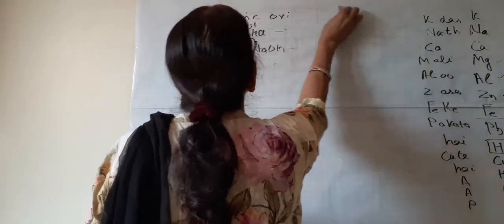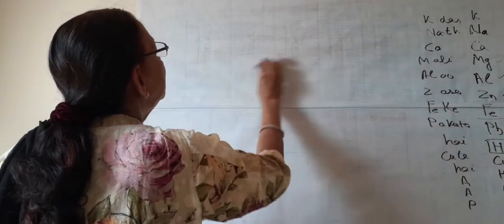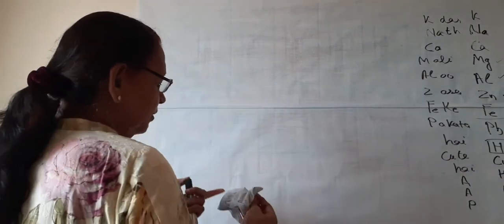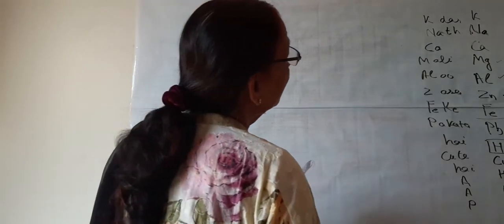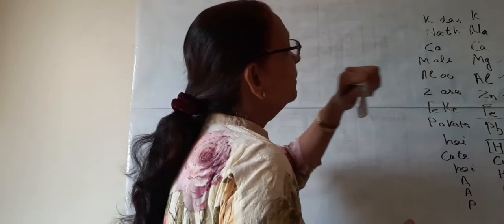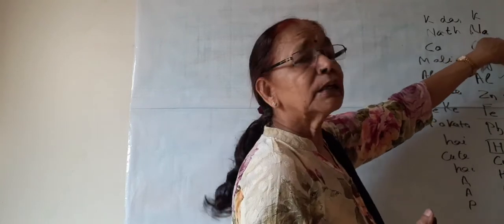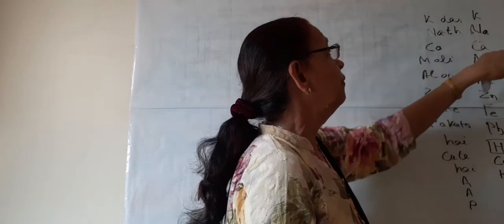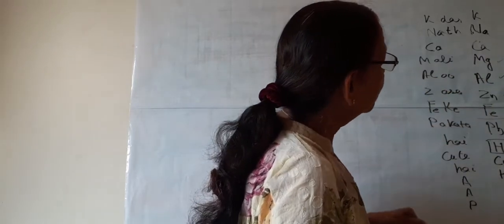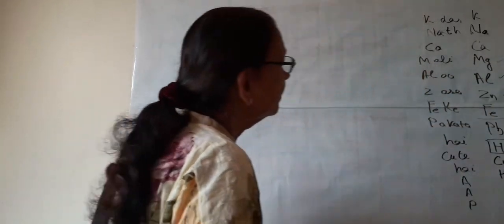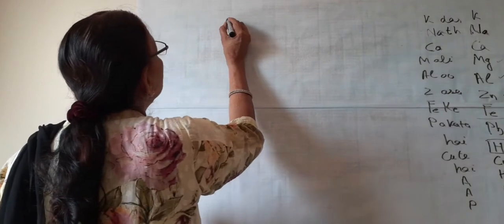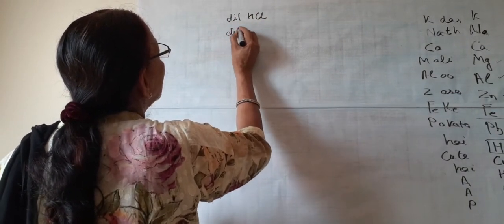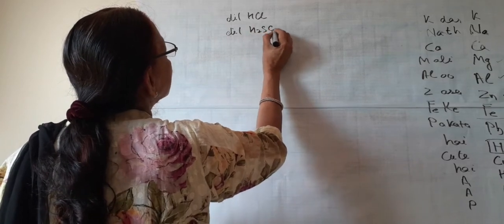A simple reaction: their chlorides are formed and hydrogen gas is evolved. Almost all these metals can react with dilute HCl or dilute sulfuric acid.